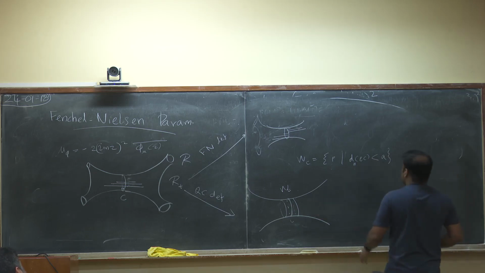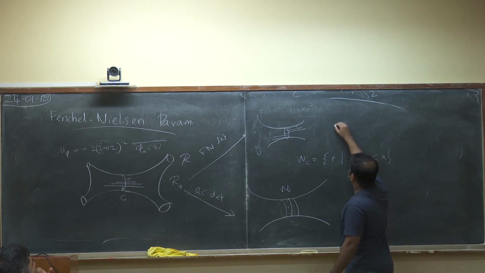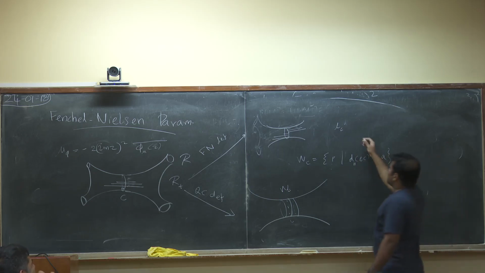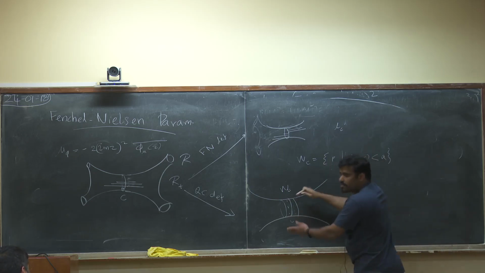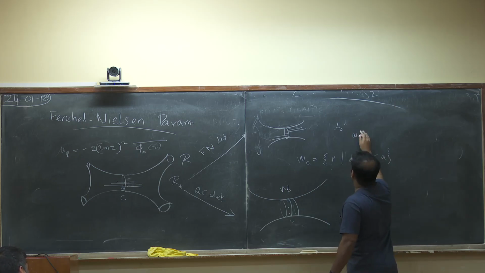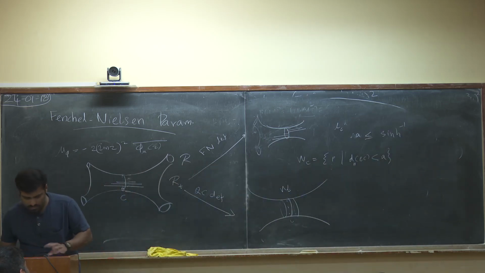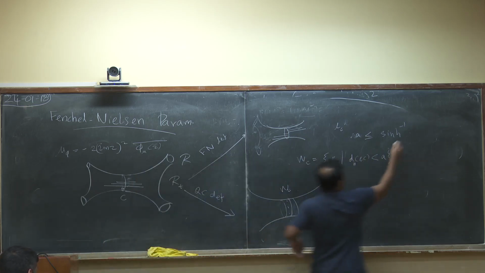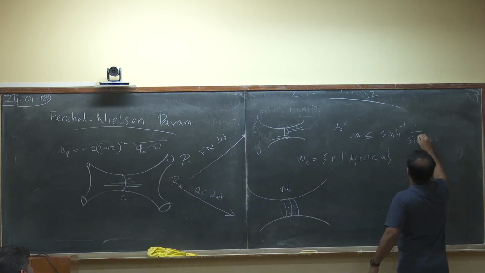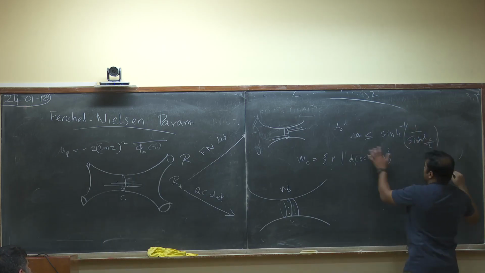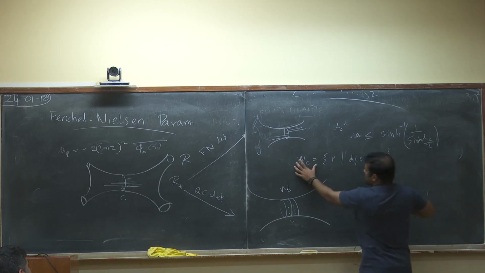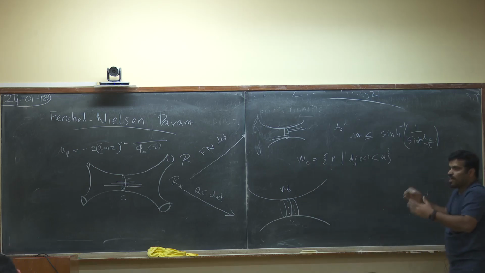Now there exists a theorem known as the Collar theorem that says that if the length of the closed geodesic C is l_C, then if the width of the collar that I am considering is less than or equal to sinh inverse of 1 by sinh(l_C by 2), then I can think of W_C as a part of a hyperbolic annulus.